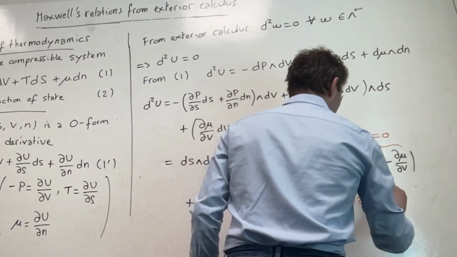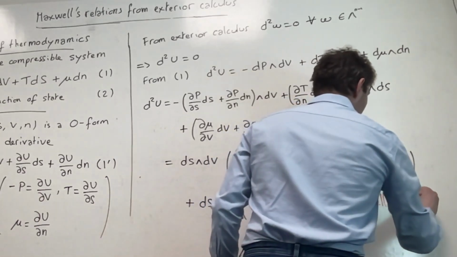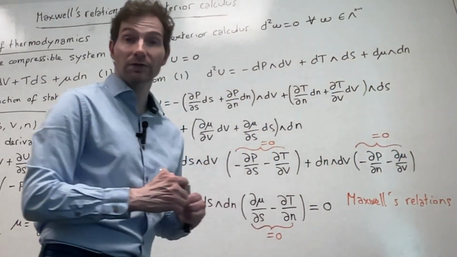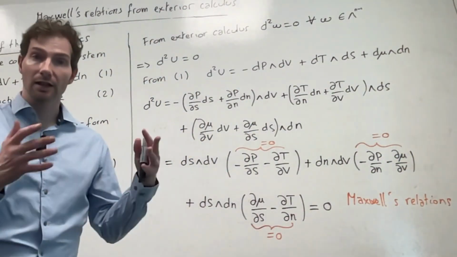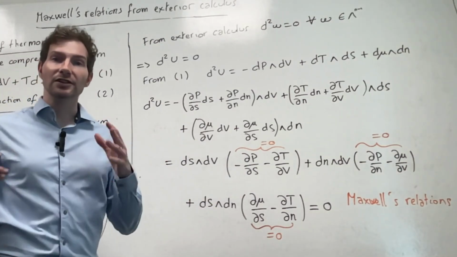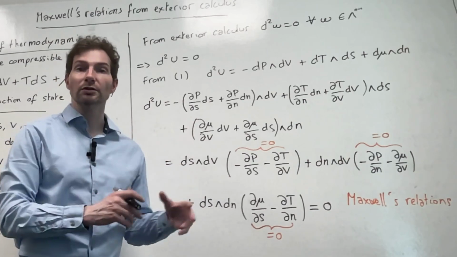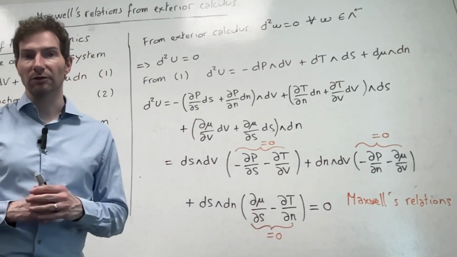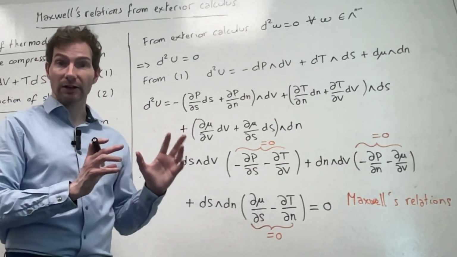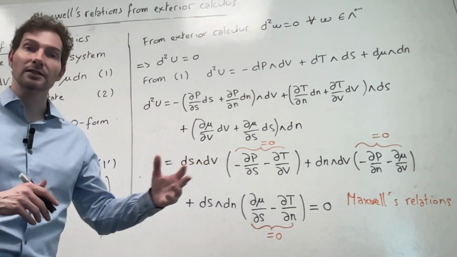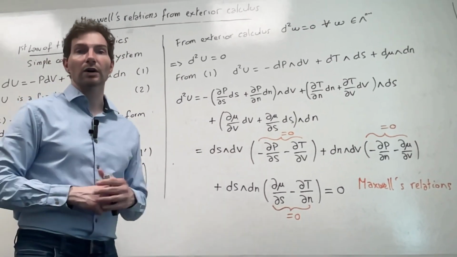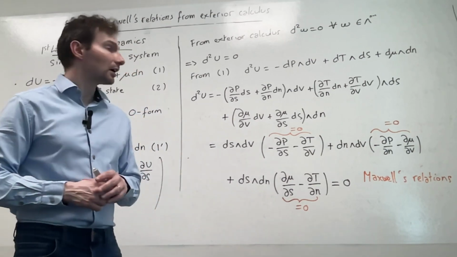And the reason why they are super useful is because they relate thermodynamic quantities with each other, or at least the partial derivatives of thermodynamic quantities with each other. This is super useful to draw otherwise complicated conclusions, to calculate things like the specific heat of some material, not necessarily in isochoric or isobaric conditions and so on.